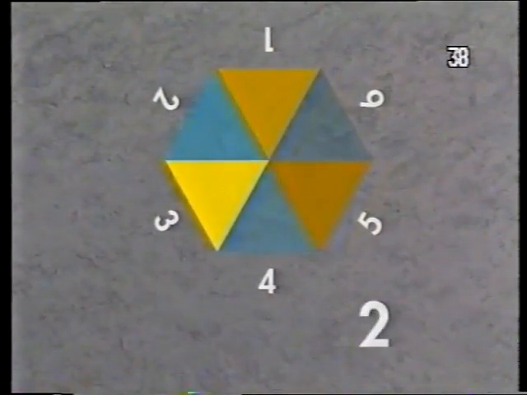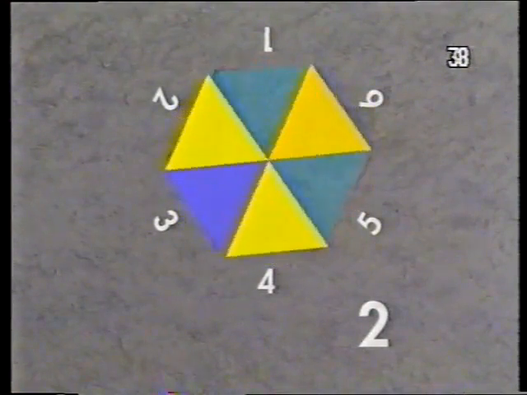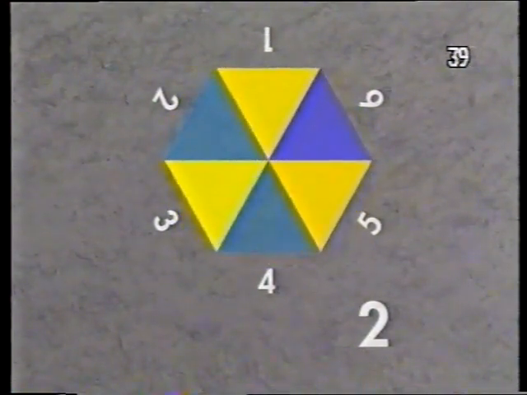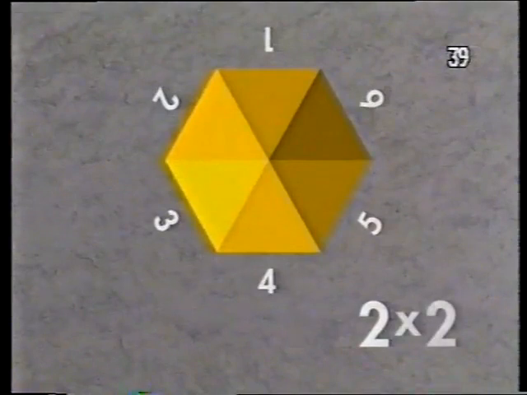That's just 2 choices of colour. And now, if you choose the colour for face 2, then face 4 must be the same colour, and so must face 6. So the faces in this cycle must also all be one colour, all purple or all yellow. And that's another 2 choices.